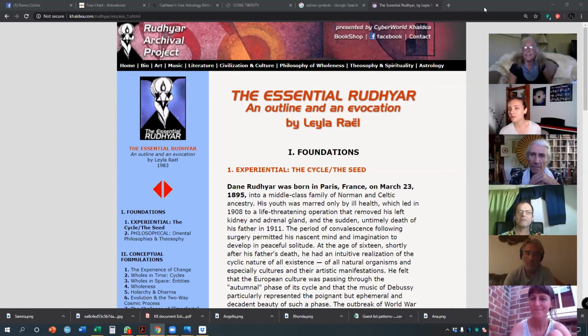I just want to know, since I pushed on the link to see the essential ridger outlined by Layla Rael, I can't seem to know how to get back to your screen, and I'm stuck on that. Can you tell me how I do that? Well, maybe my screen is minimized somewhere down at the bottom. No, you can minimize your audio.